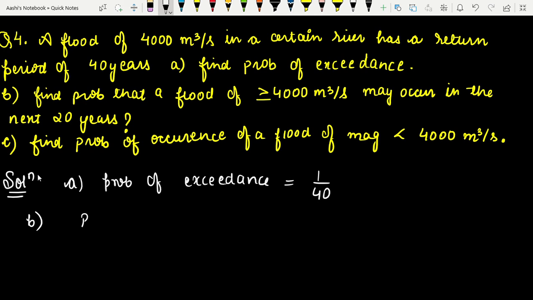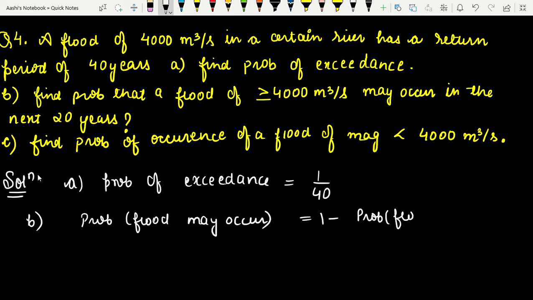We can definitely say that the probability that the flood may occur is equal to the probability that the flood does not occur at all in the next 20 years.